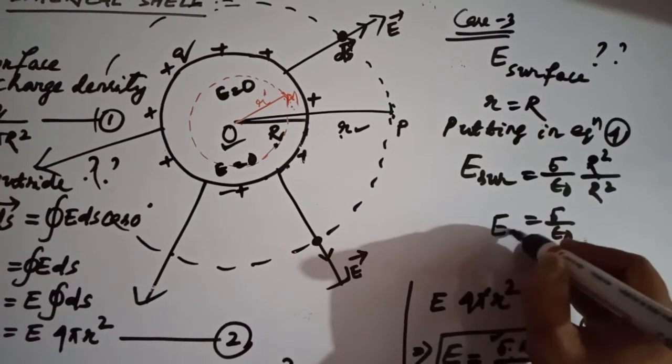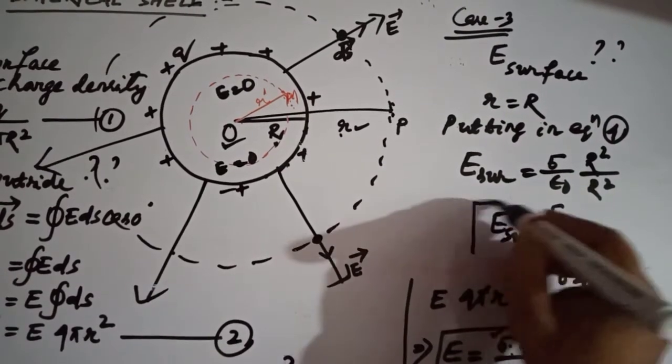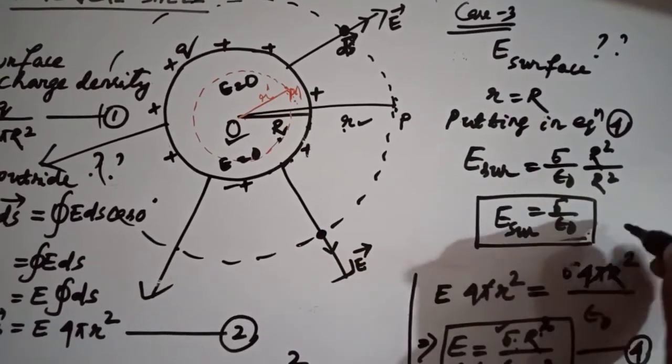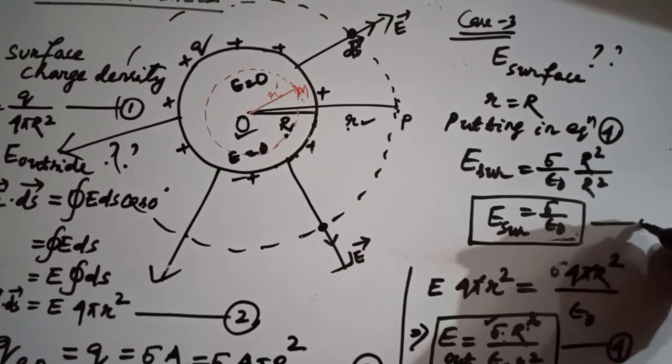So E on the surface is equal to sigma by epsilon naught. Let this be your equation 5.